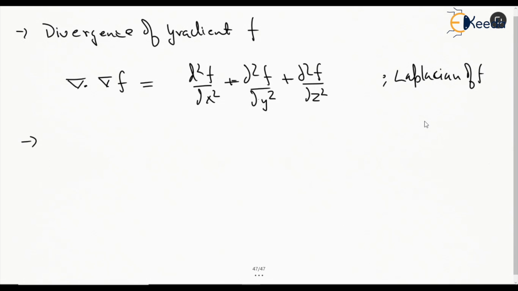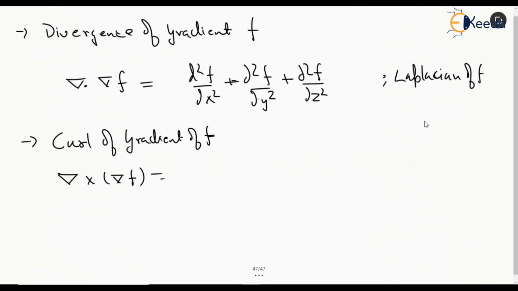Next is curl of gradient of f. So this curl of gradient of f, small f means it is a scalar, will actually be 0. This is always going to be 0, and this implies that gradient fields are irrotational.